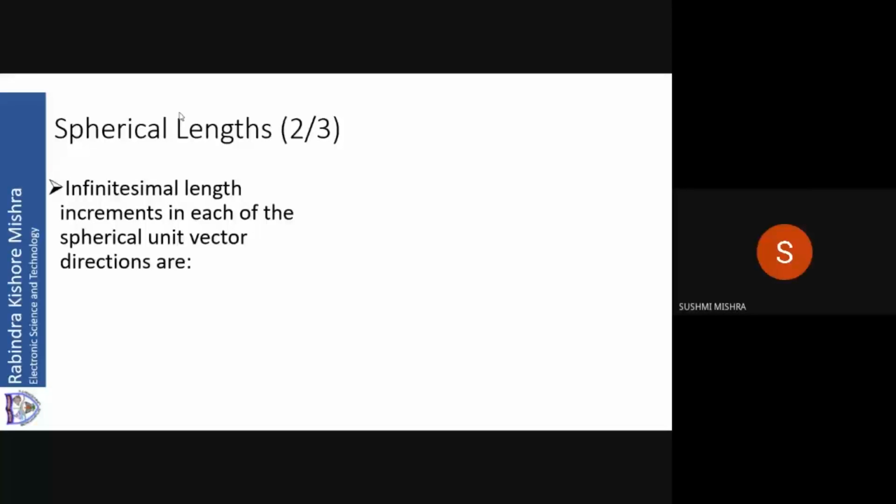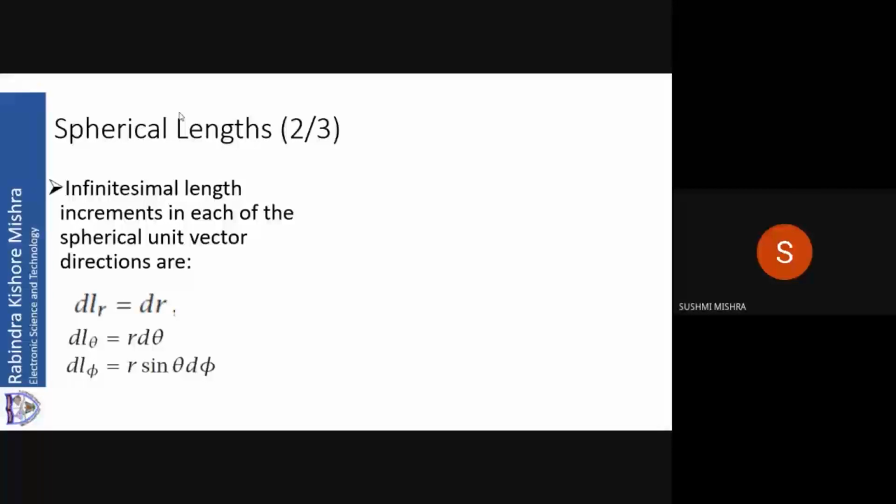So we will consider only infinitesimal length increment in each of the spherical unit vectors. Those will be given as dl r, which is equal to dr, dl theta, this will be equal to r d theta, dl phi will be equal to r sin theta d phi.